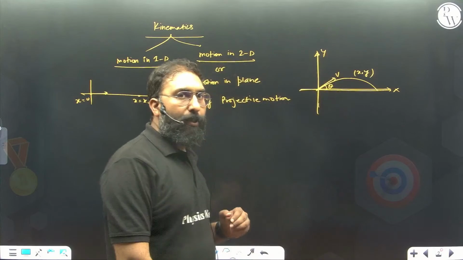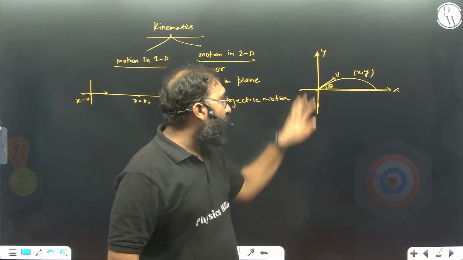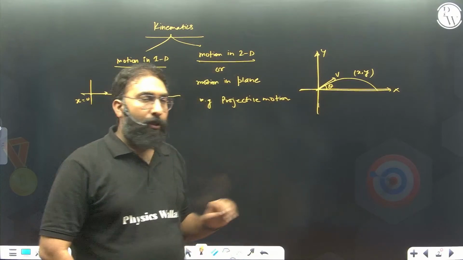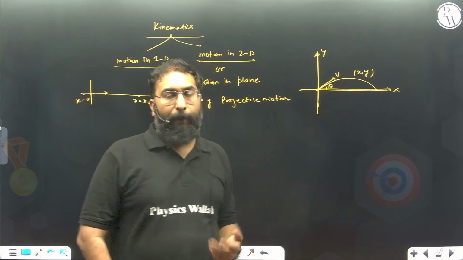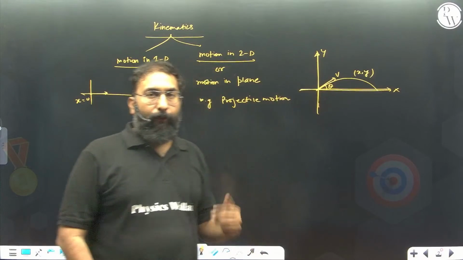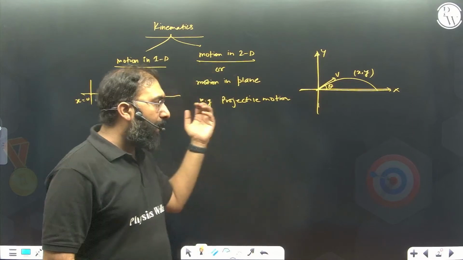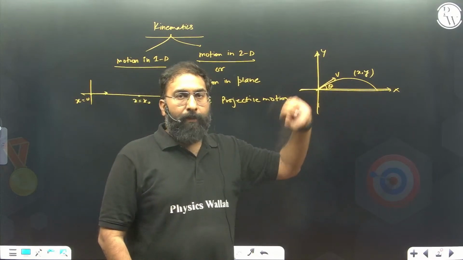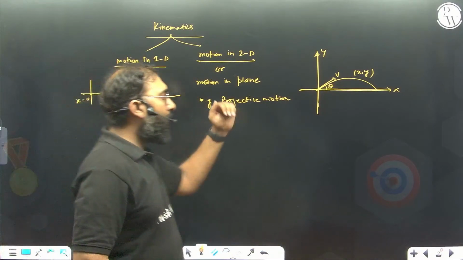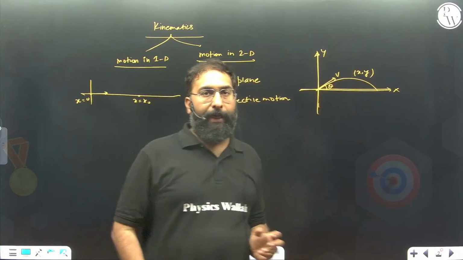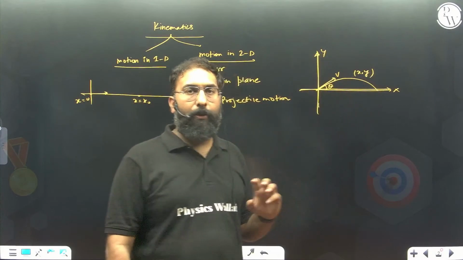I can analyze the motion of the particle along the x direction, and separately along the y axis. Analyzing the motion along these two perpendicular directions, x and y, we use the concept of motion in 1D only. The same concept will be applicable here as well, but the only difference is that here the motion was along only one axis, while here the particle will be moving along x and y directions. So we have to separately analyze motion along x and motion along y.